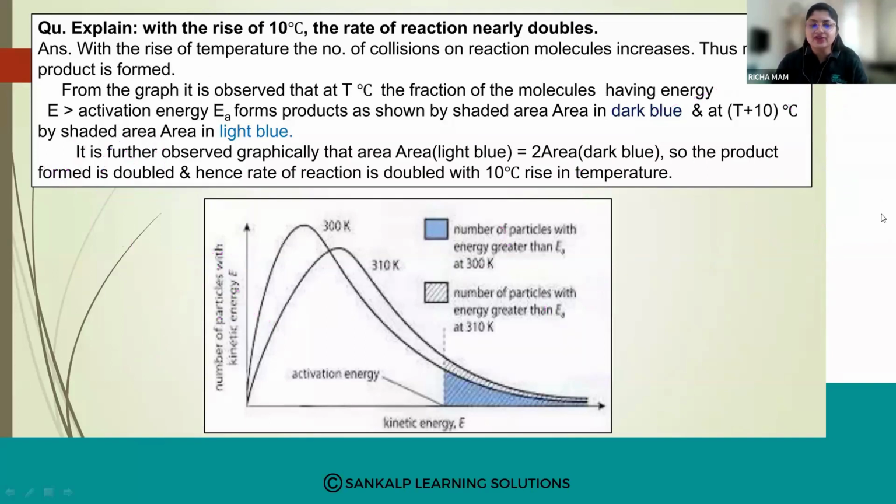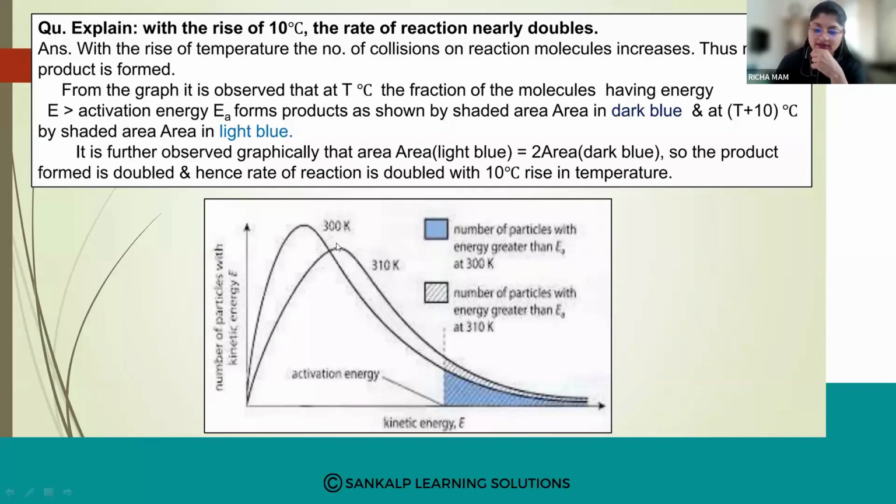So let us see the effect of temperature on the rate of the reaction, and how with every 10-degree rise of temperature the rate of the reaction doubles. Important, mark this question as important.